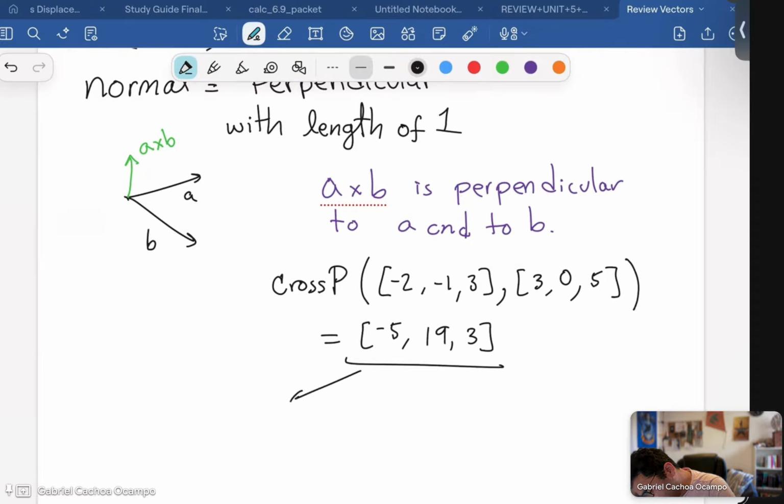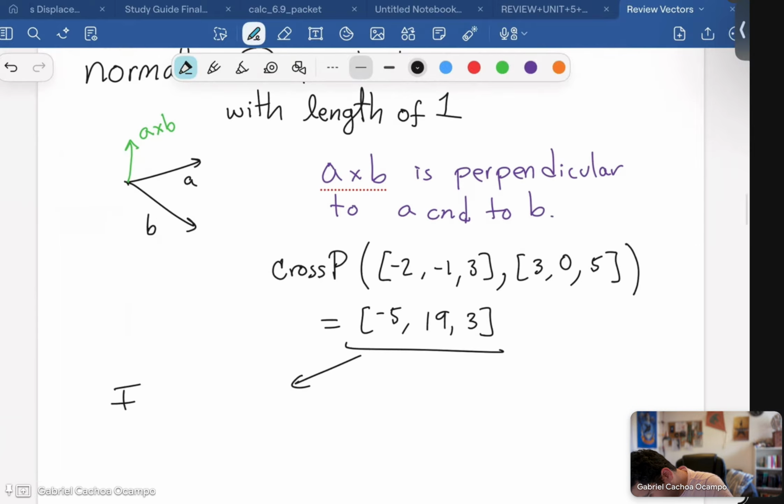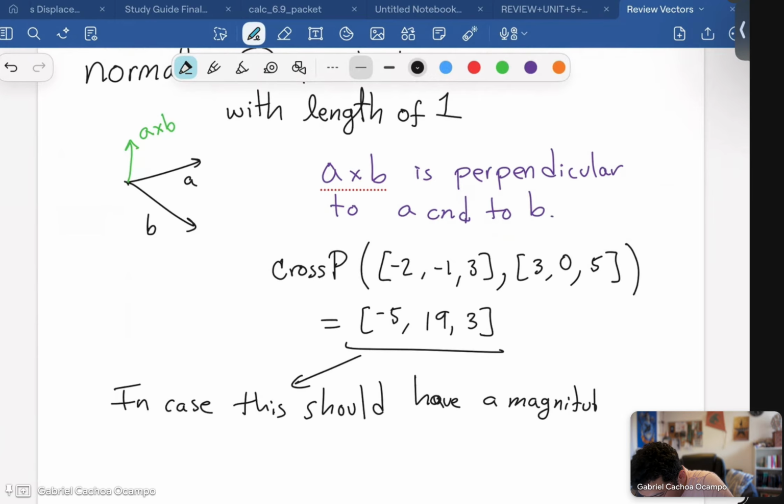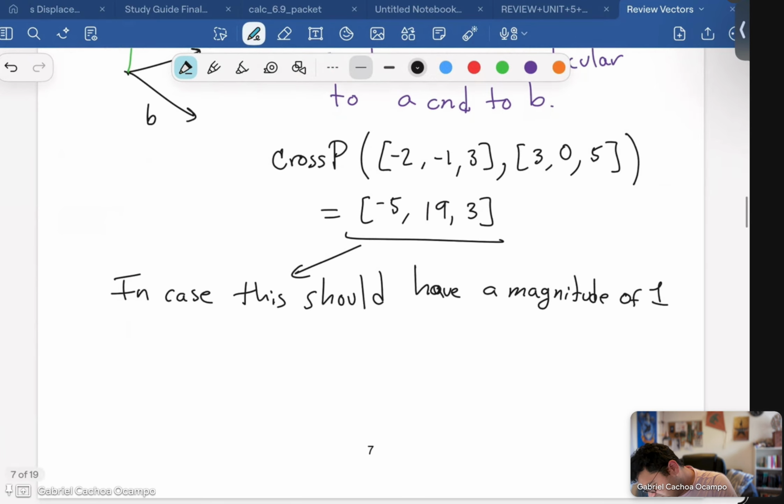Let me check if you actually need to make this a magnitude of 1 or not. In case this should have a magnitude of 1, you calculate the norm of this vector.